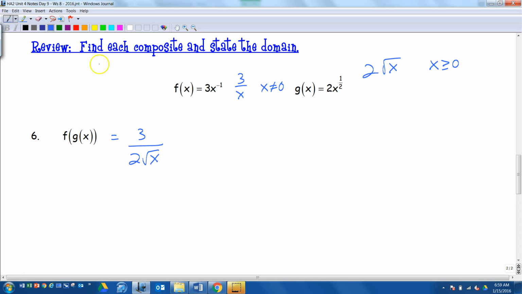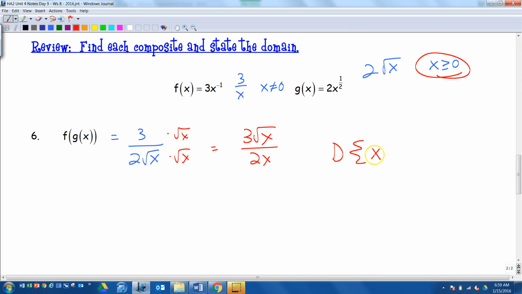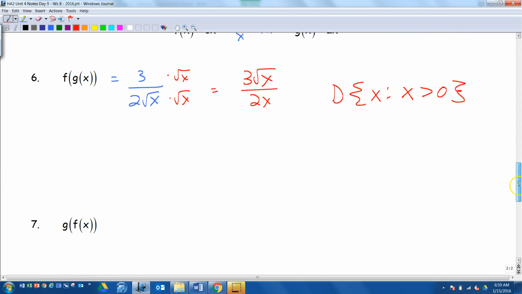But I want to rationalize this, so I'm going to multiply the top and bottom by root x. So I get 3 root x over 2x. So now remember, with composite, it's the input, which is this, and the final. Well, the final is you can't have negatives, but you also can't have 0 now, because we have an x on the bottom. So x has to only be greater than 0 for this problem.